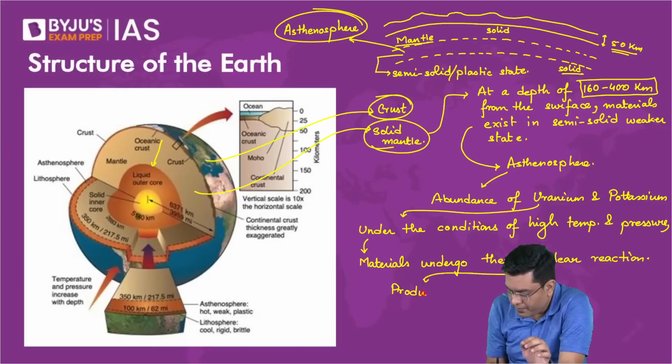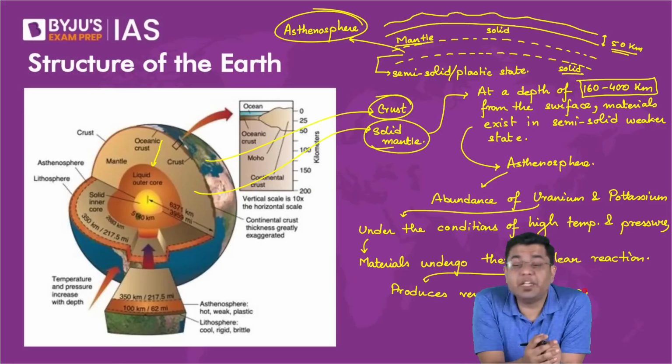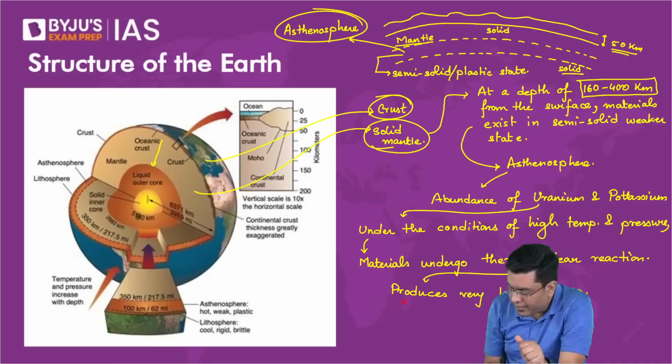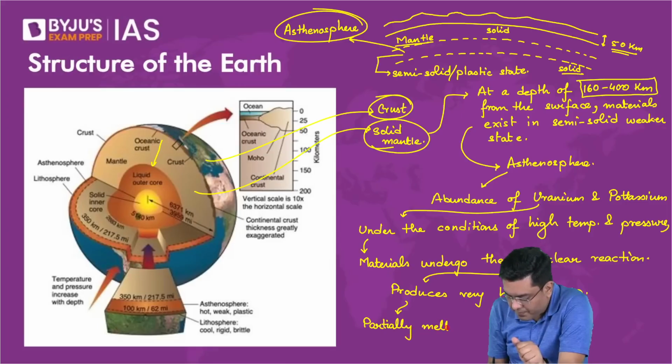Nonetheless, a nuclear reaction takes place that produces very high temperature. And that very high temperature produced in that region ends up partially melting the material present in the region.